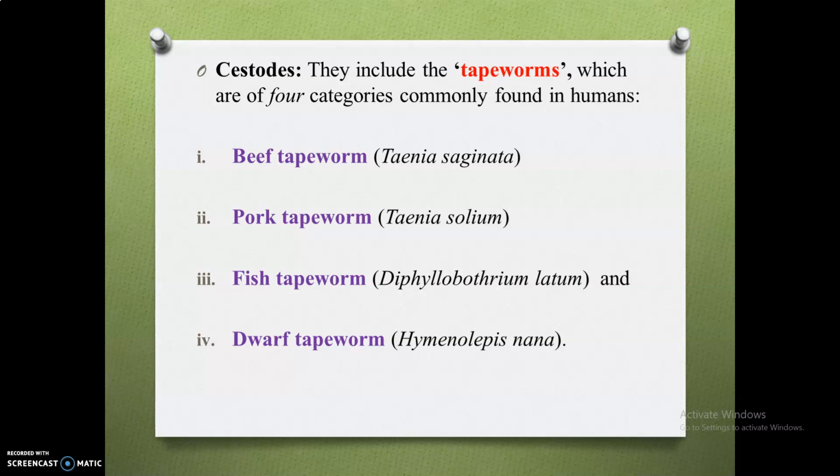Beef tapeworm has the example Taenia saginata, pork tapeworm Taenia solium, fish tapeworm Diphyllobothrium latum, and dwarf tapeworm Hymenolepis nana.